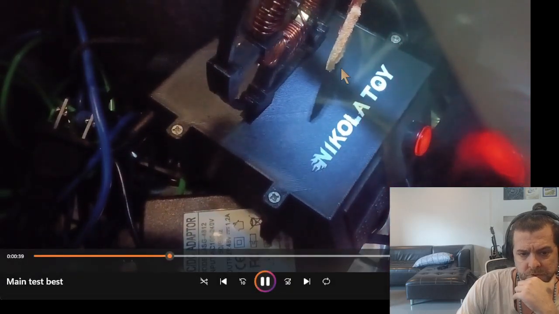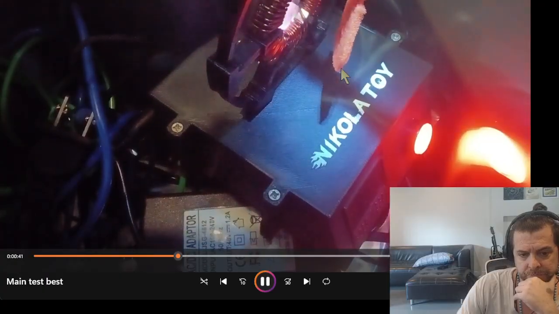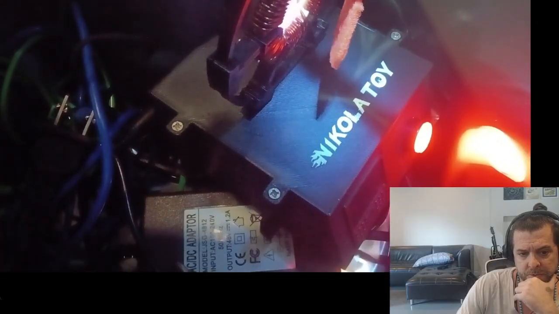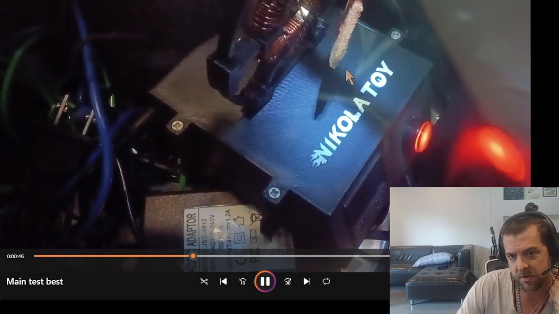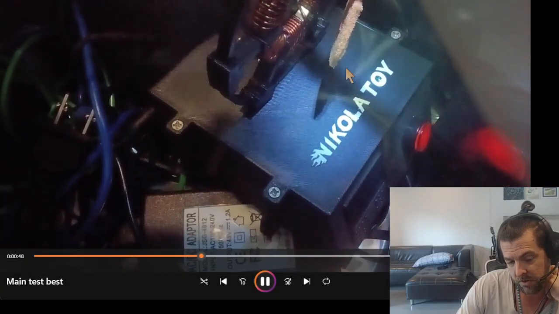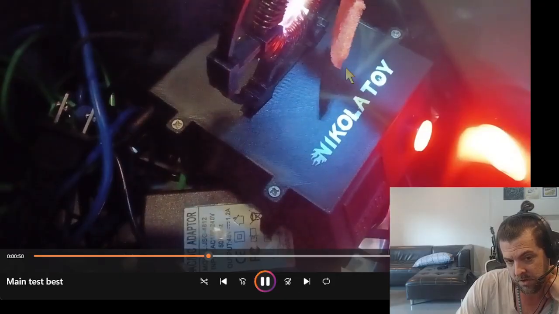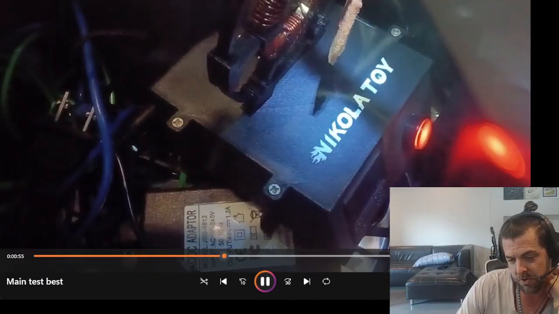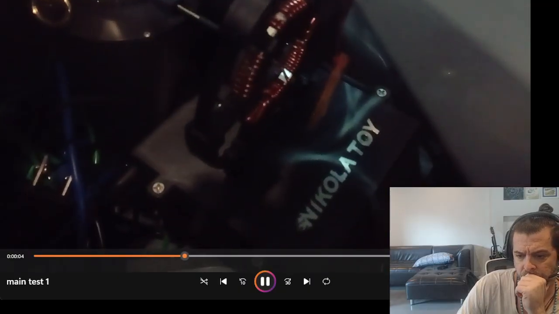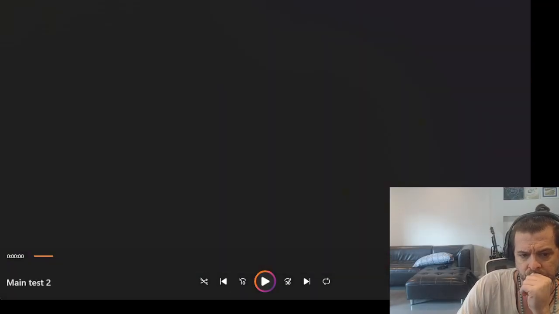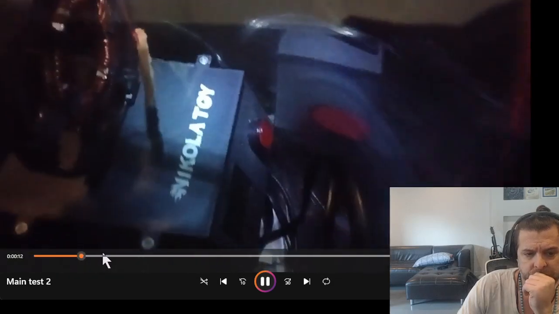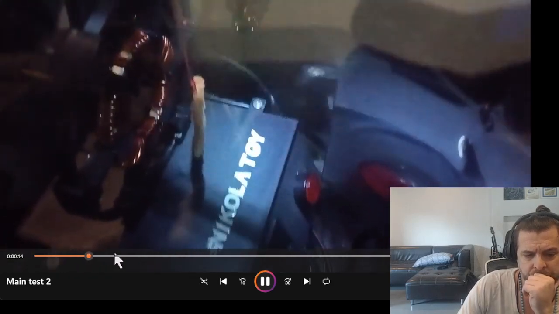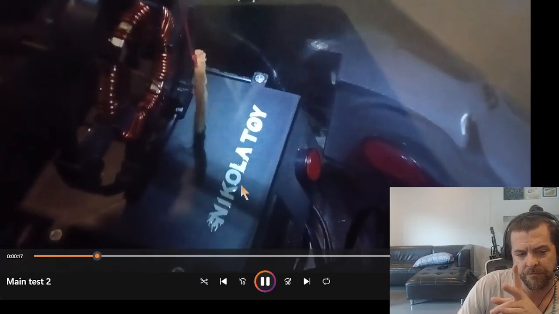Maybe even 2 widths. Yeah, 2 widths over. Let's say that's about the most it moves. So we're at 2 widths when it comes to 12 bar.